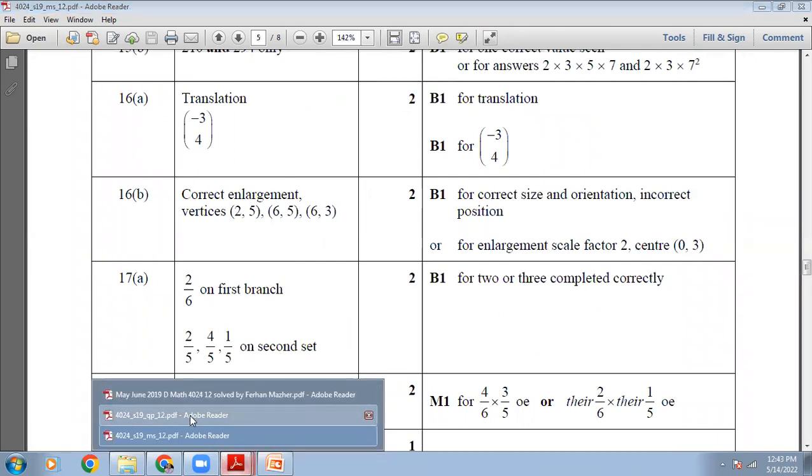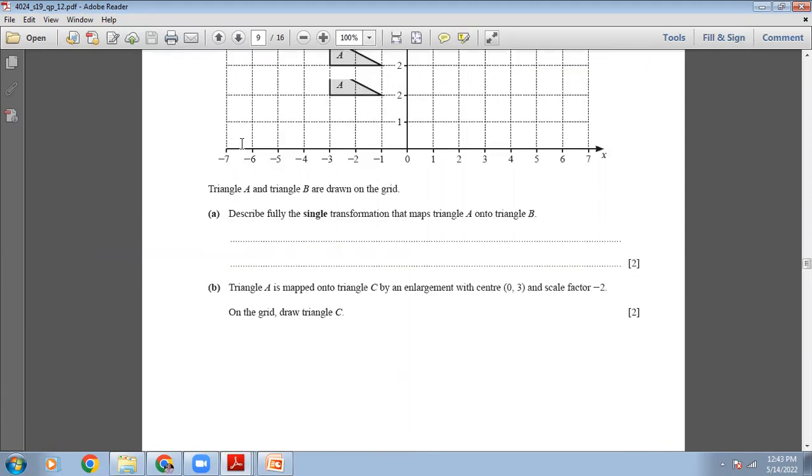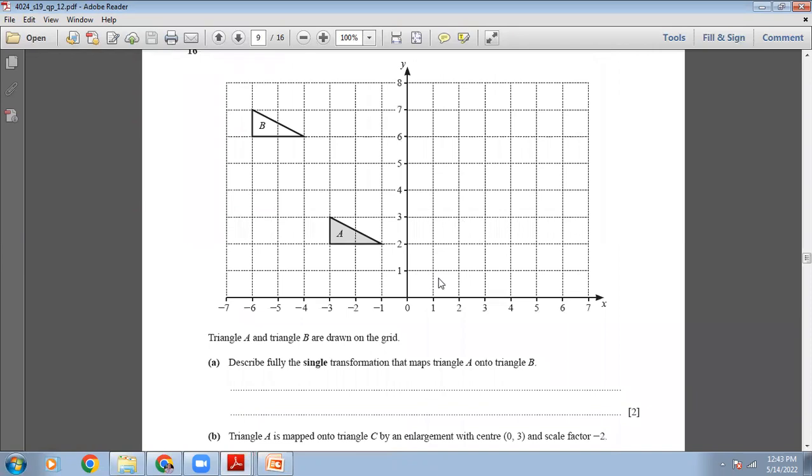Okay, so the next thing they are asking is: triangle A is mapped onto triangle C by an enlargement with the center (0, 3) and the scale factor -2. On the grid, draw triangle C. So here (0, 3) is the center of enlargement, and the scale factor is -2.